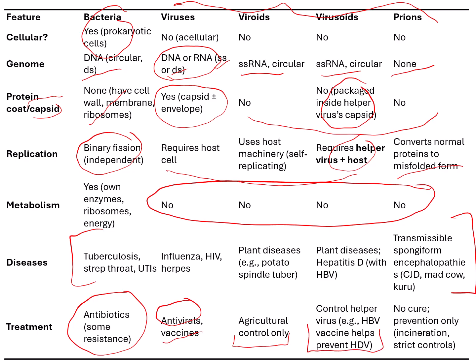For virusoids, we can try to target the helper virus. For example, the hepatitis B vaccine, that virus vaccine, can help prevent the virusoid infection. And then unfortunately for prions, there's no cure. We can prevent by incinerating things that can be contaminated.